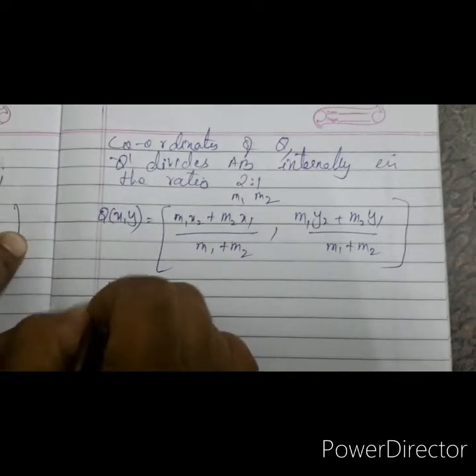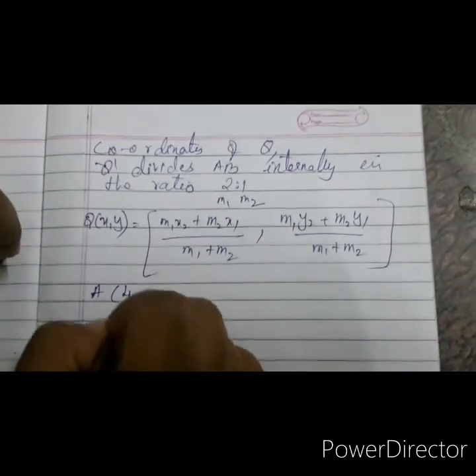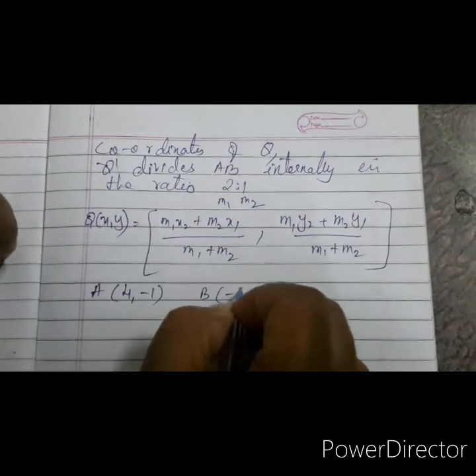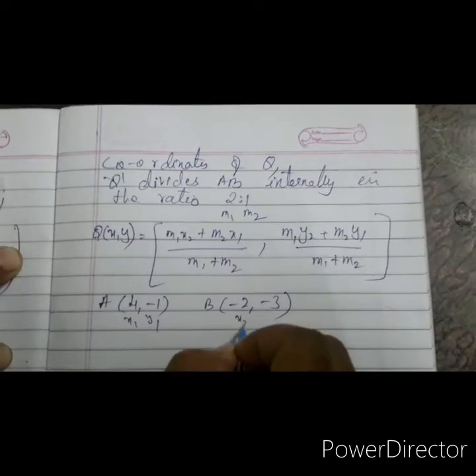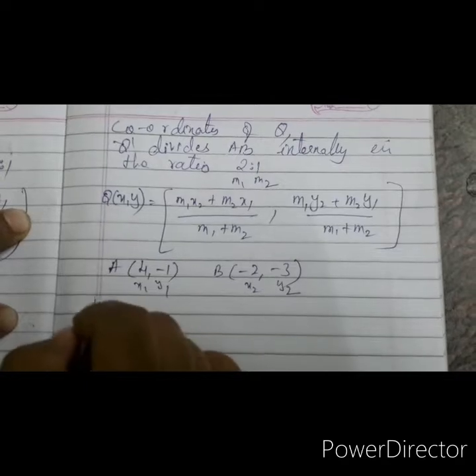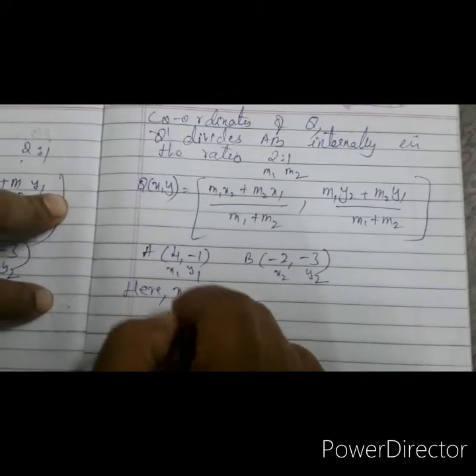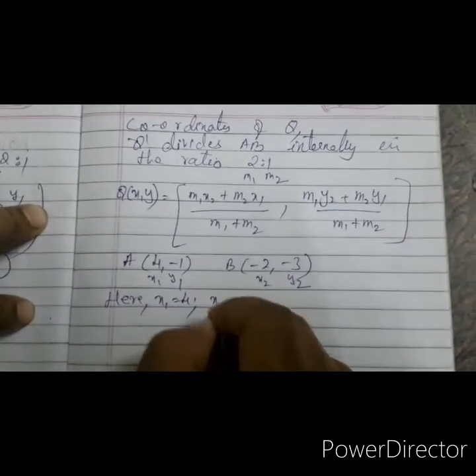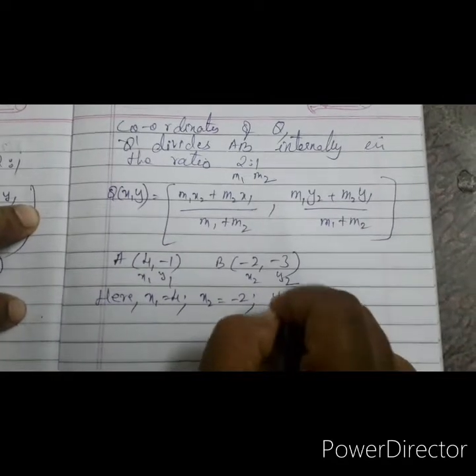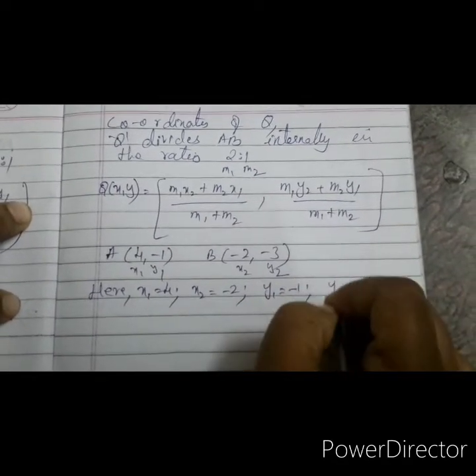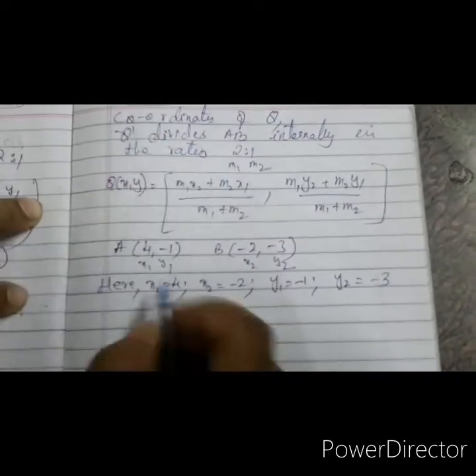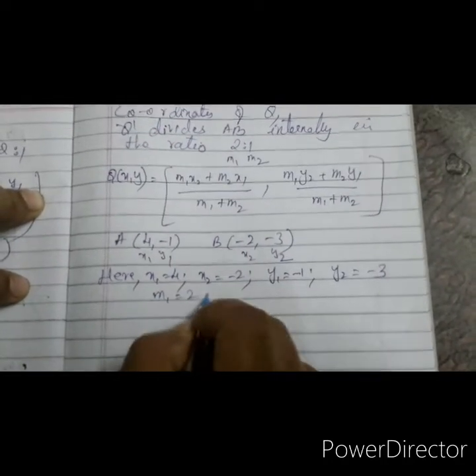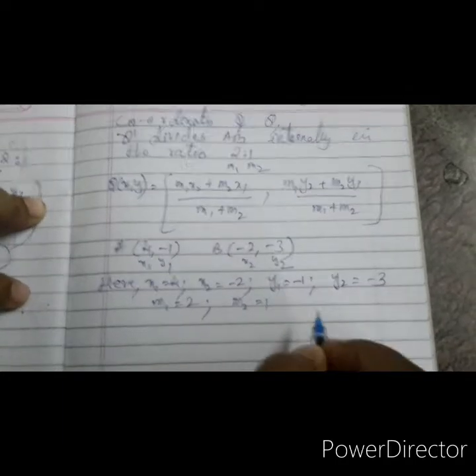Now here A is (4, -1), B is (-2, -3). This is your x1, y1, x2, y2. I am writing here x1 = 4, x2 = -2, y1 = -1, y2 = -3. And what is m1, m2? This one, ratio. m1 equals 2, m2 equals 1.